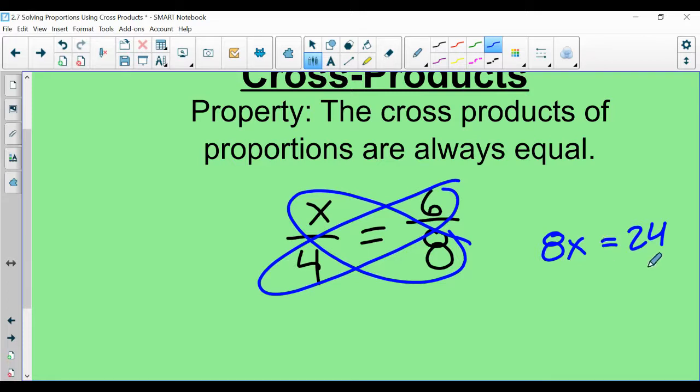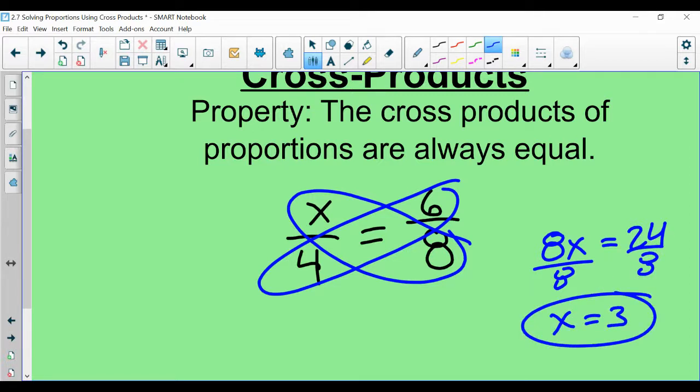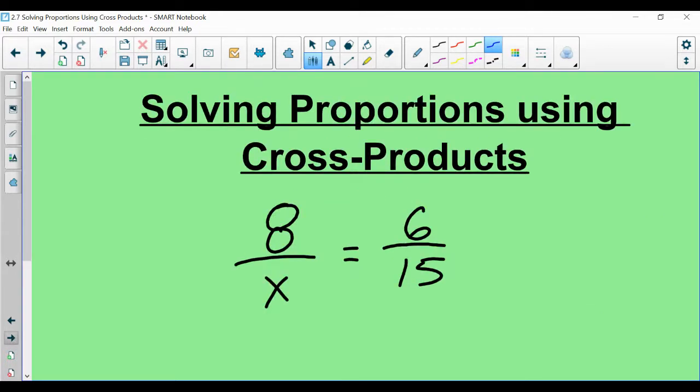Now I have a fairly simple equation to solve. I can divide both sides by 8, and I get x is equal to 3. We knew the answer was 3, but this is a mathematical way that we can go about getting the correct answer. They will be at times more complicated than this too, so we do need this little trick.